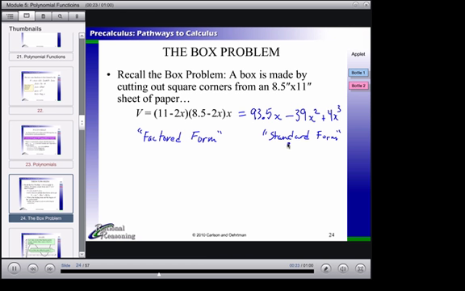What is standard form helpful for? It's actually helpful for a couple things. One of which is the Y-intercept. So on a graph, what is true at the Y-intercept?